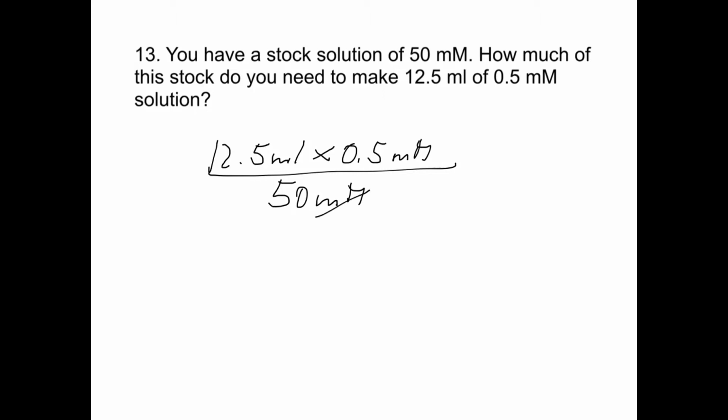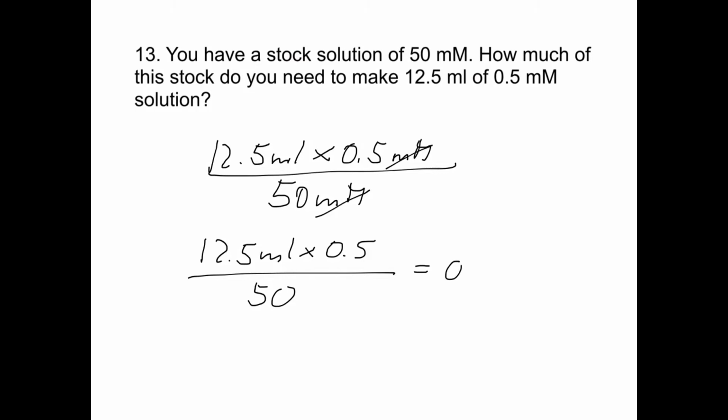So the millimolar cancels out, and we have 12.5 milliliter times 0.5 divided by 50, and when we put that into the calculator we get 0.125 milliliter of stock, and obviously we make up the rest with water.